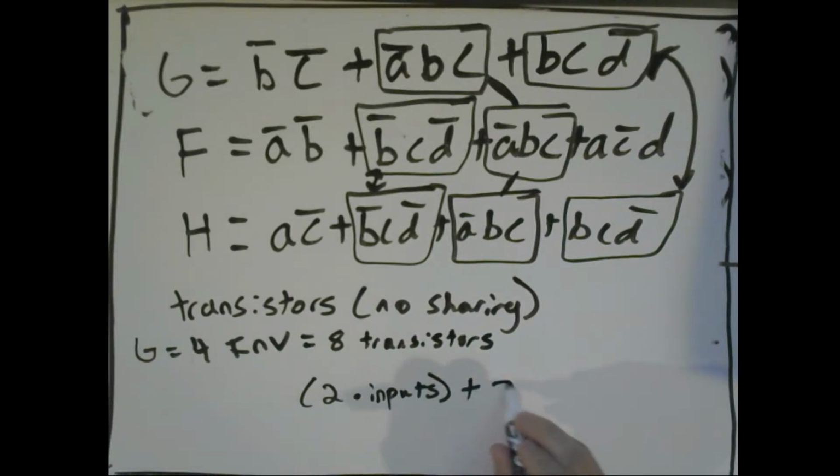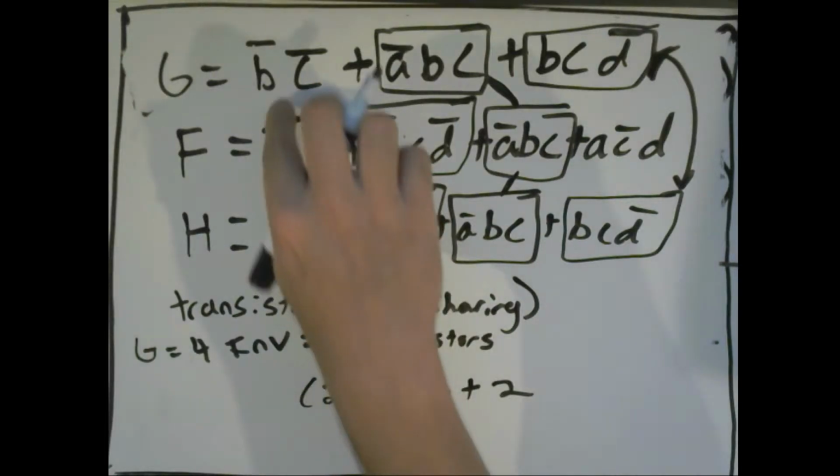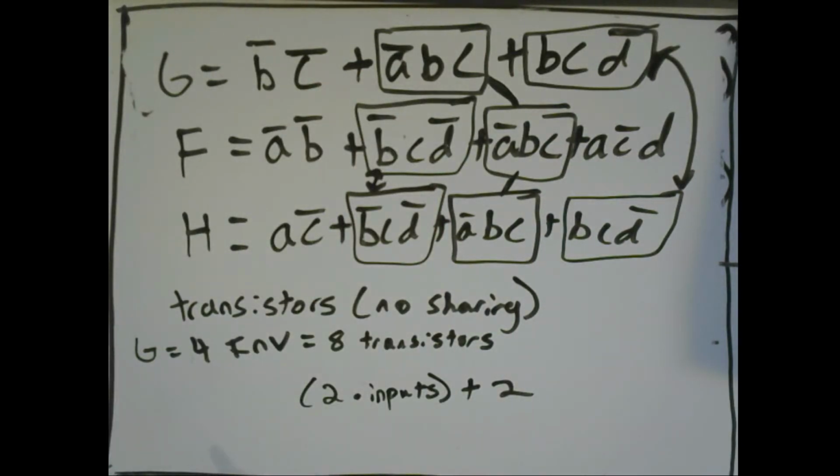And so we have a 2 input AND gate, so that would be 6.